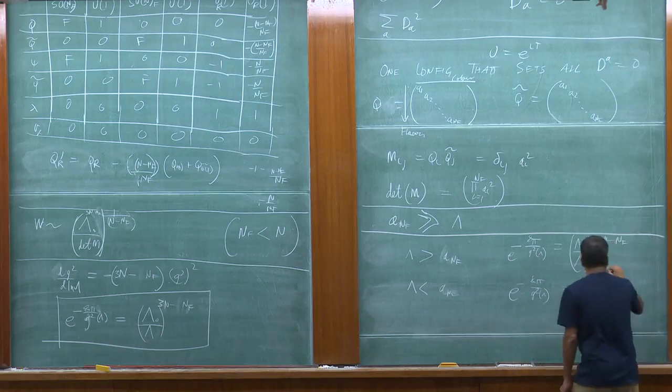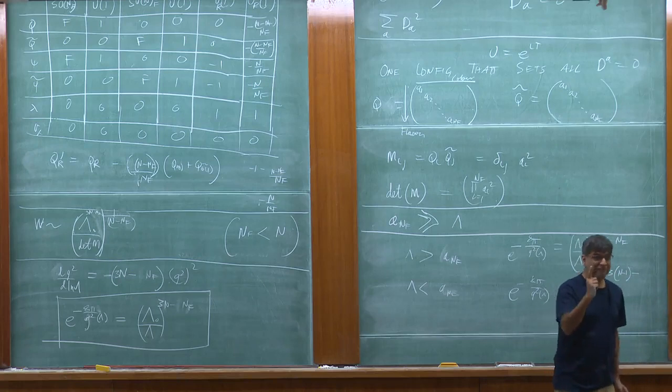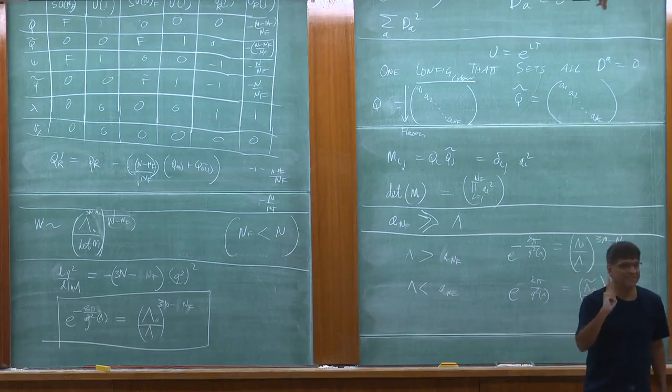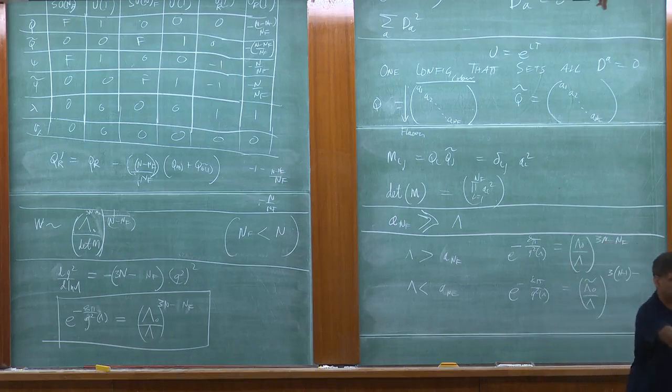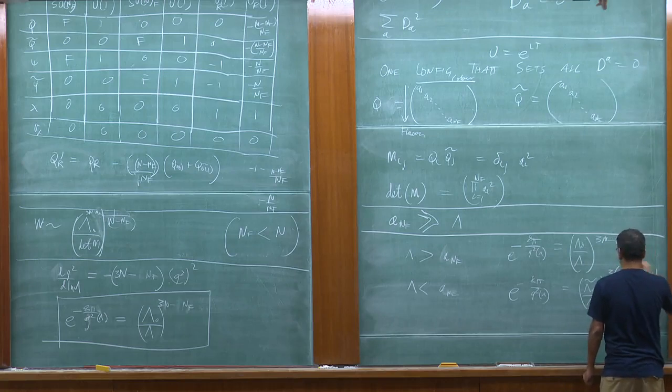Good. So first we get 3 into N minus 1, minus NF is also decreased by 1 because the Higgs mechanism eats up this last quark. So we have NF minus 1.